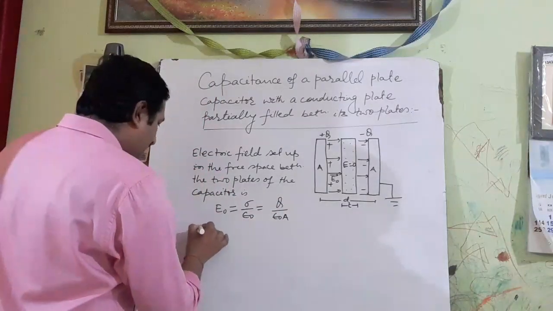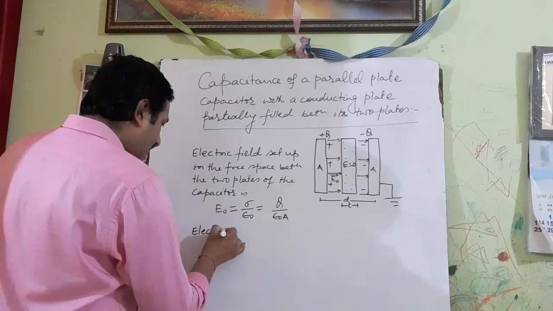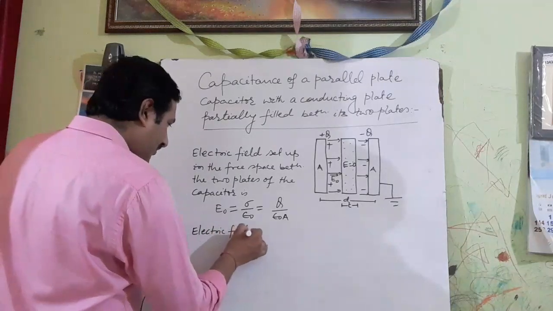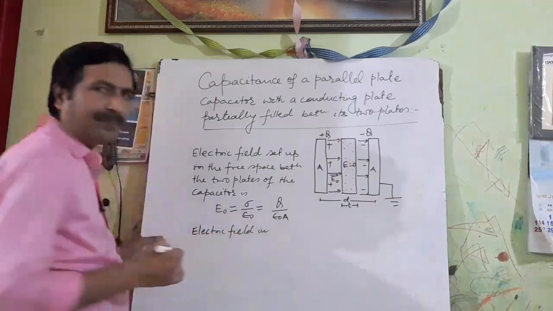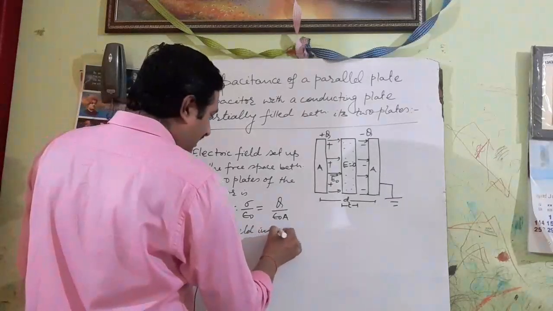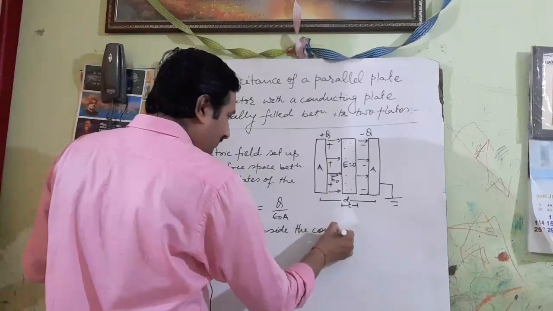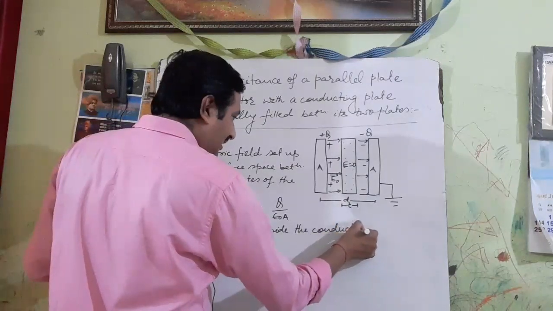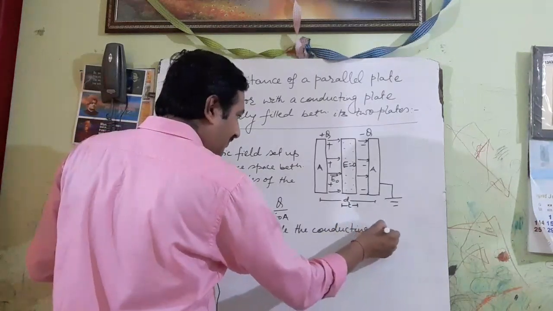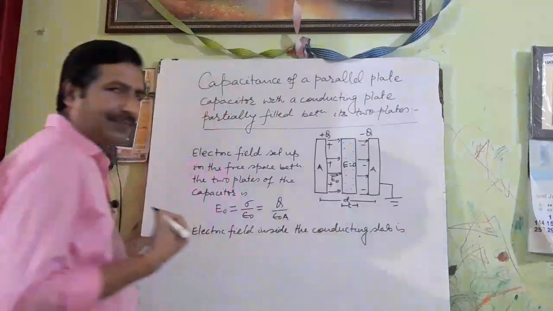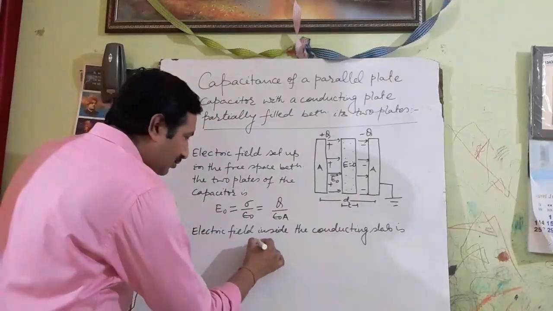Now the electric field inside the conducting slab is E equal to 0.